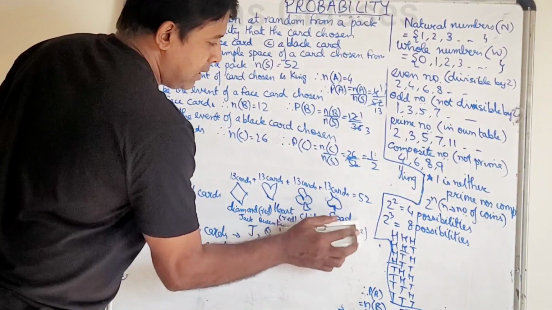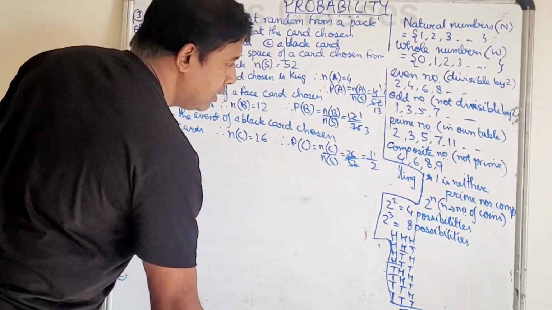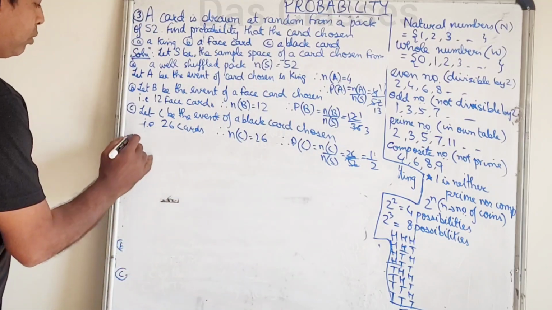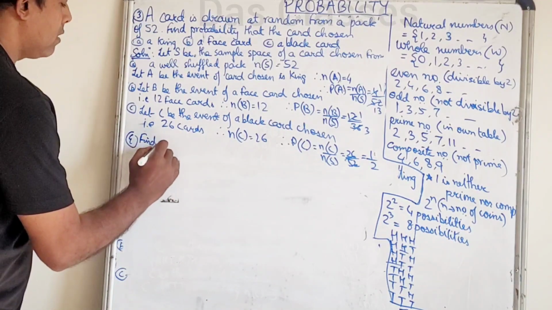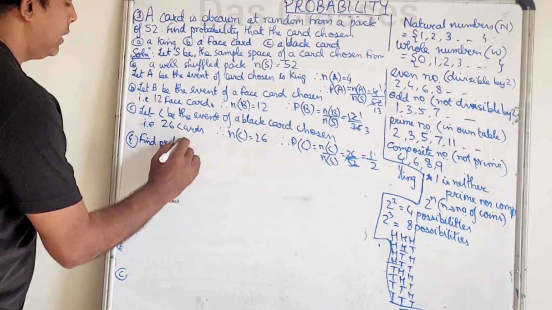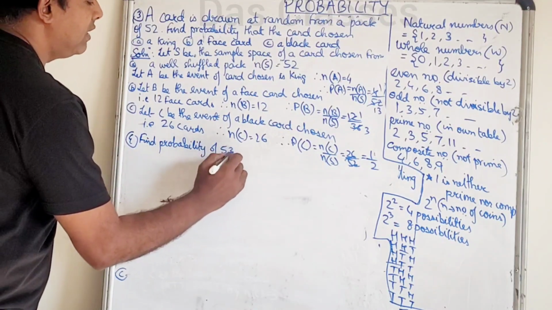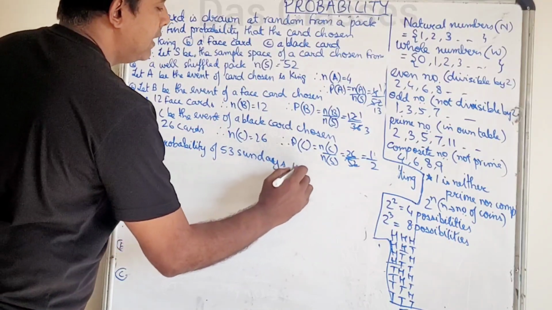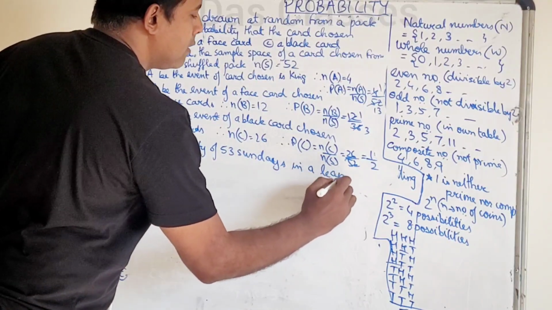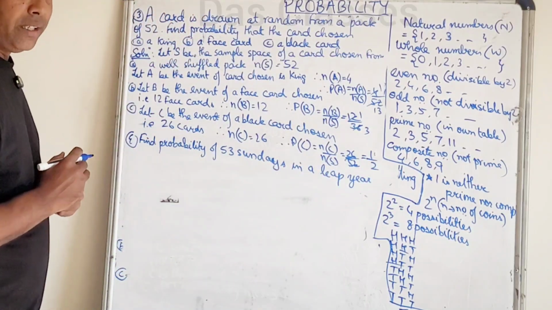Okay, I remember a sum now. Quite a common question. So we'll see that sum also. The sum is, find probability of 53 Sundays in a leap year. Now how to calculate it?